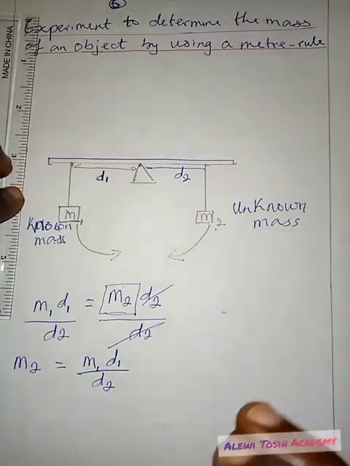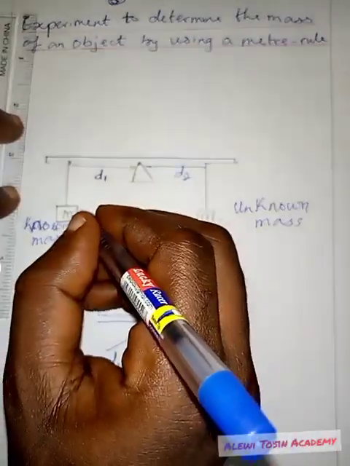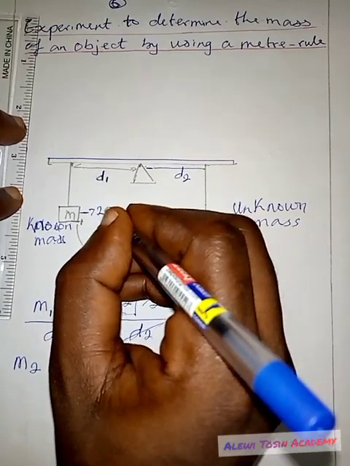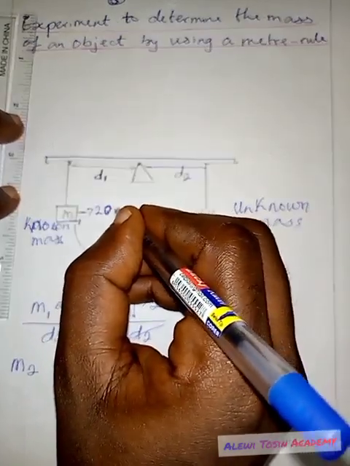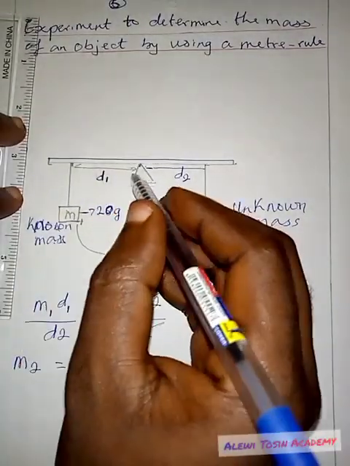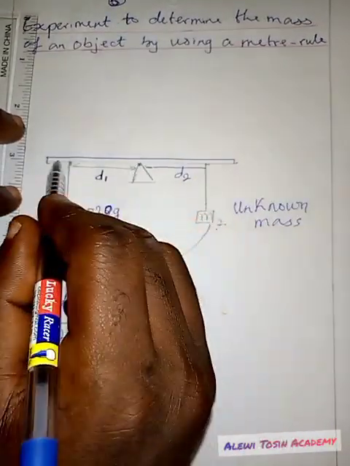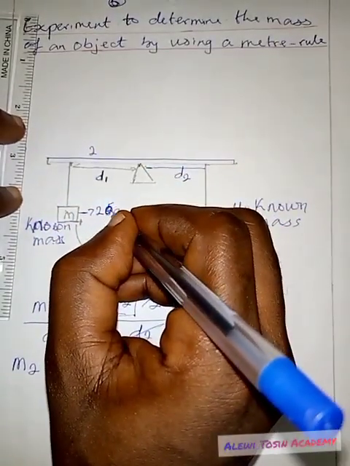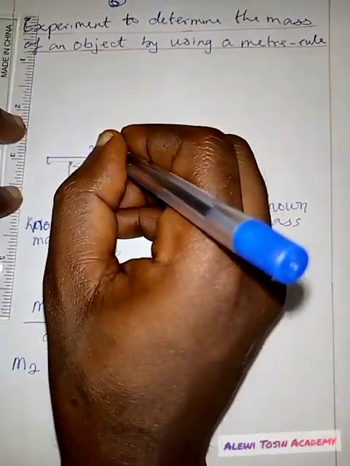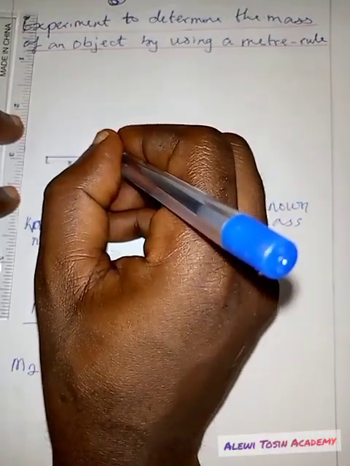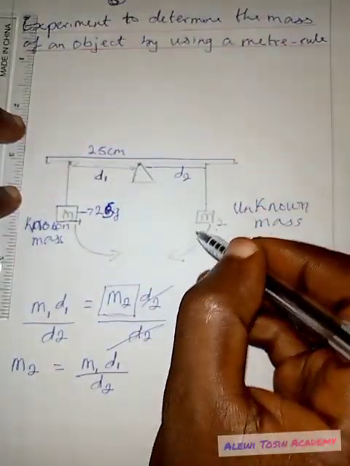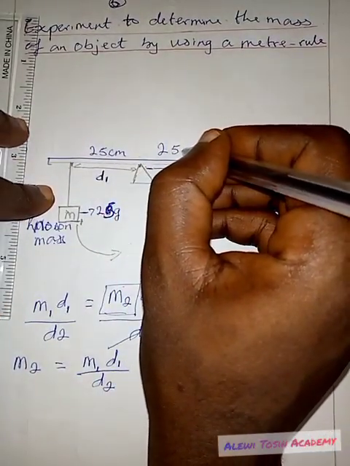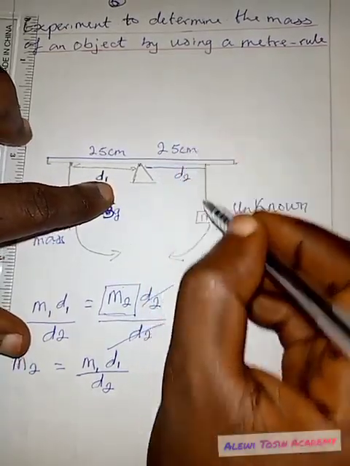Now let's cite a small example. Let's do an illustration. Let's assume we know our known mass to be, okay, let me say 25 grams. The distance between the fulcrum and this mass is 25 centimeters, and the distance here is also 25 centimeters, because I said that the fulcrum was placed at the middle of the meter rule.